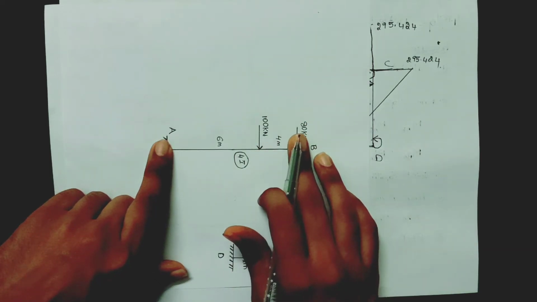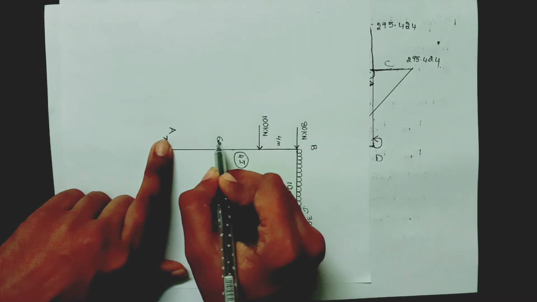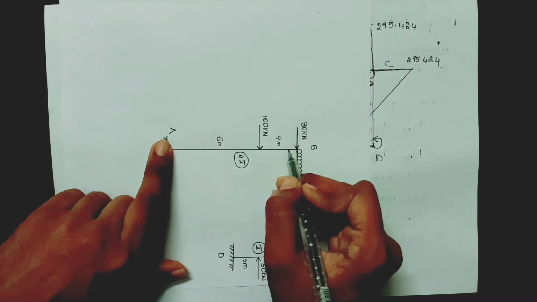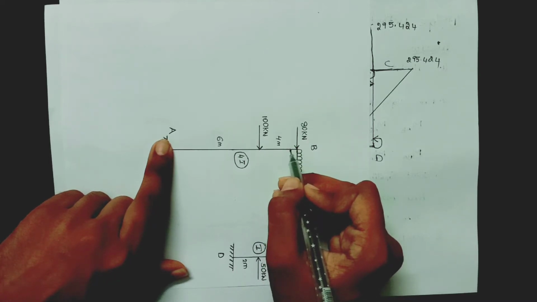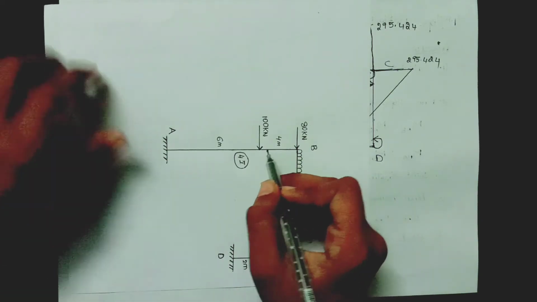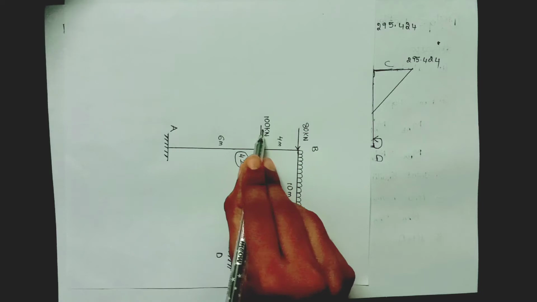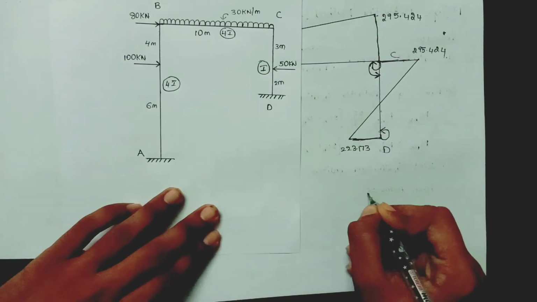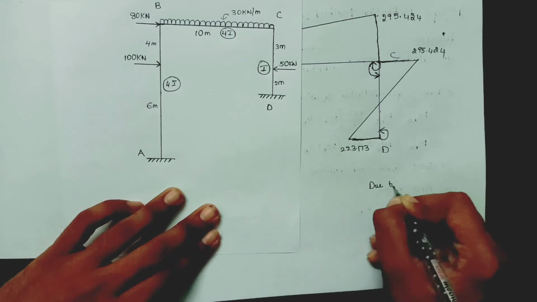Now for the maximum bending moment diagram, let this value be A and this be B. Now the maximum bending moment is WAB by L, that we have learned while analyzing the simply supported beams. W is 100 kilonewton here. So these are the moments due to loads.